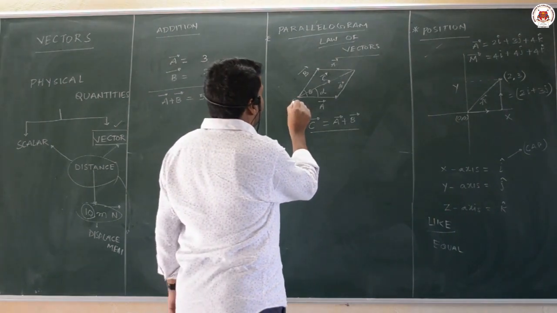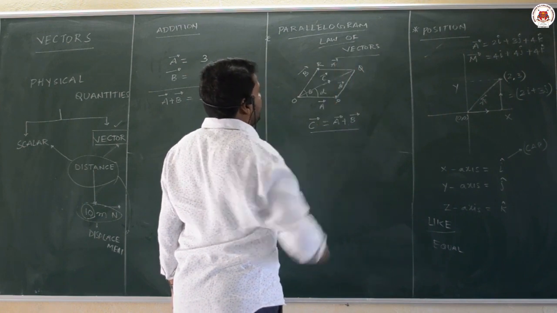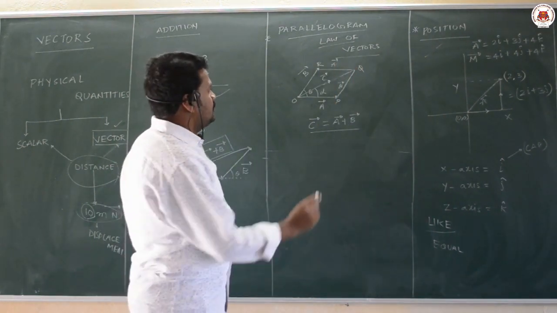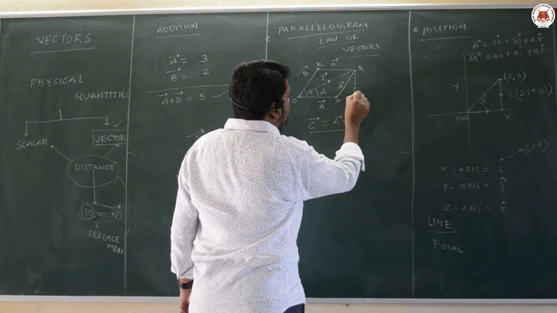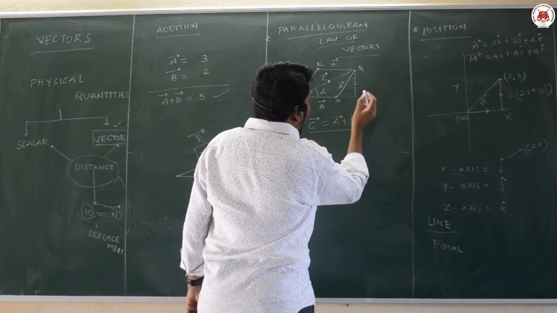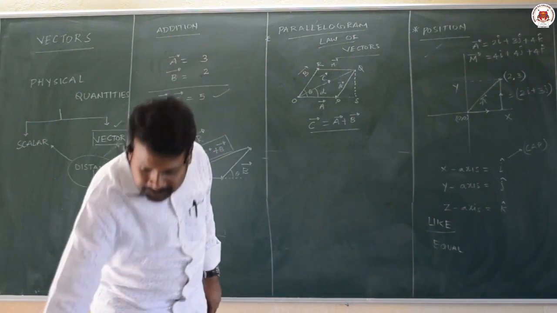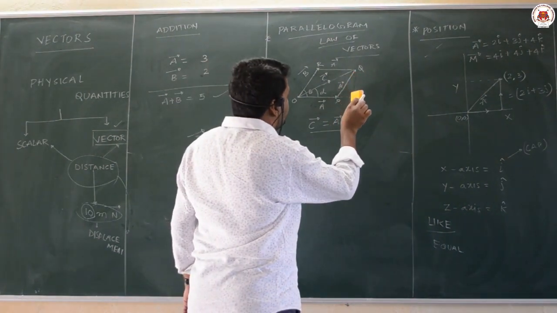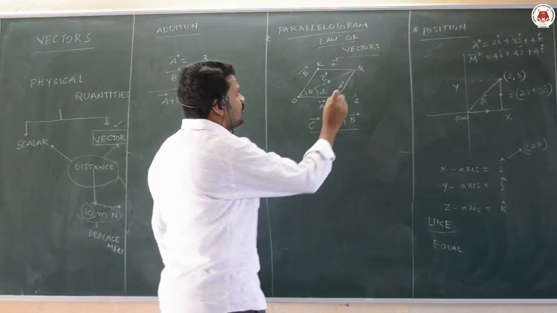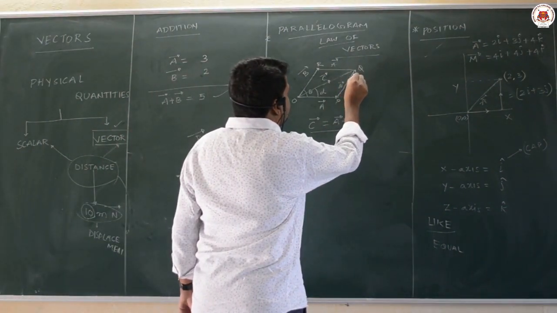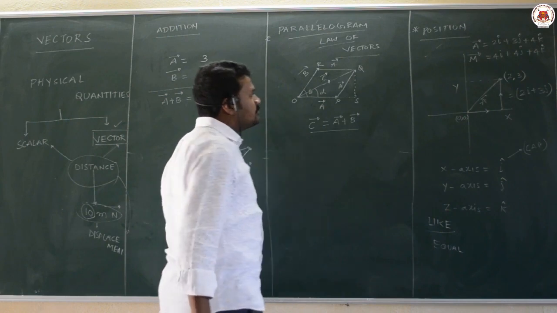Let us take this as O, this as P, this as Q, this as R. Now I drop a perpendicular from Q to meet the extended OP at S. So this should be perpendicular, this angle should be 90.